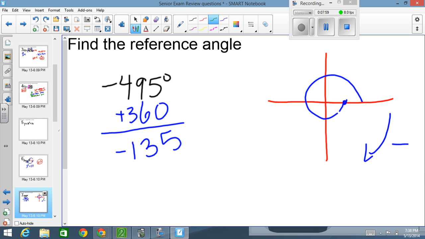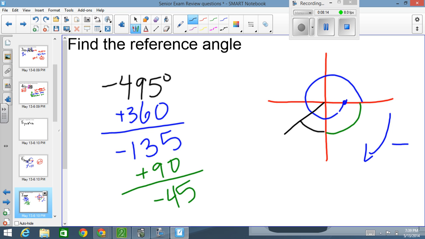So now when I go from here to here, that's another 90. So what do I have left? I still have another 45 degrees left to go. So I'm just going to finish this the rest of the way, another 45, draw this, and this reference angle becomes 45 degrees.